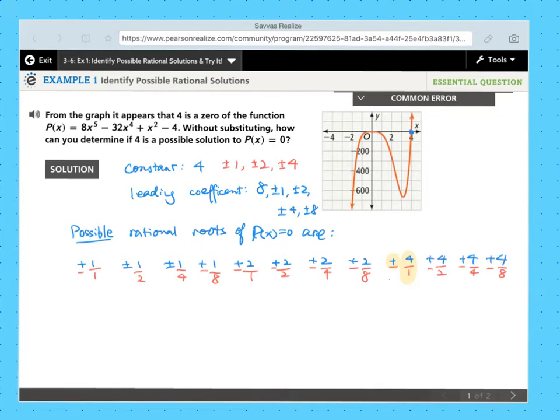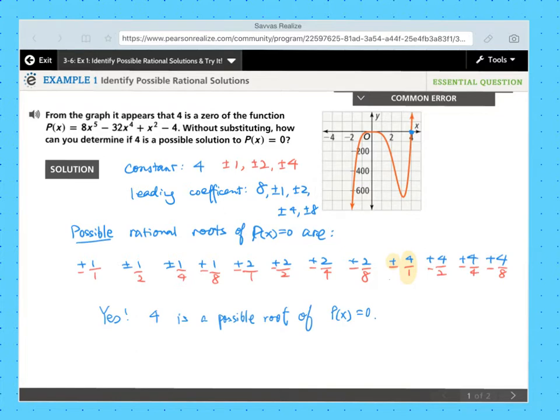Therefore, the answer to the question is yes. 4 is a possible root of p of x equals 0.